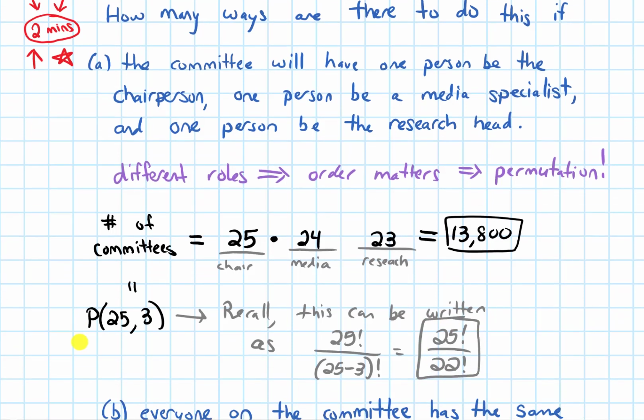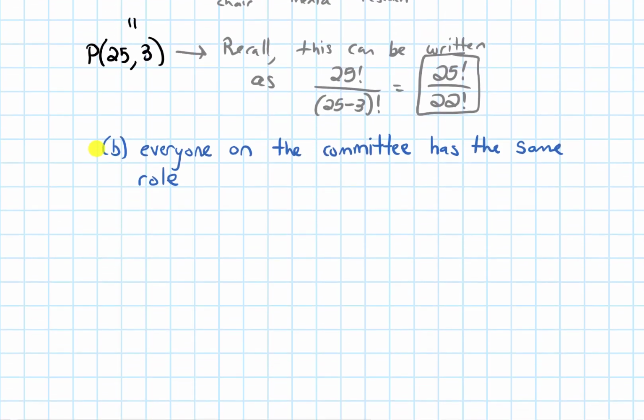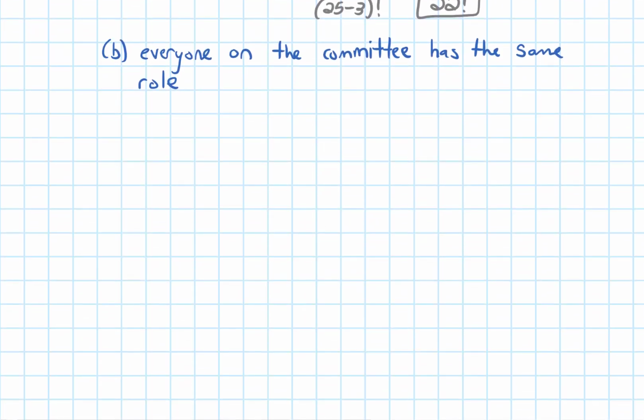All right, so now I want to put a wrinkle on this question, which is part B. Everyone on the committee now has the exact same role. All right, so let's talk about this. So for part B, it's not just 25 times 24 times 23 like we got for that last part.